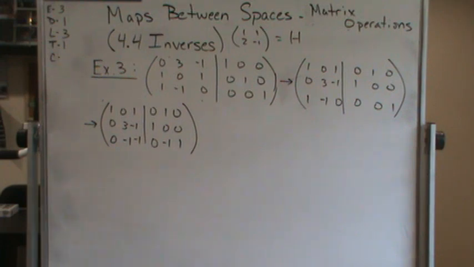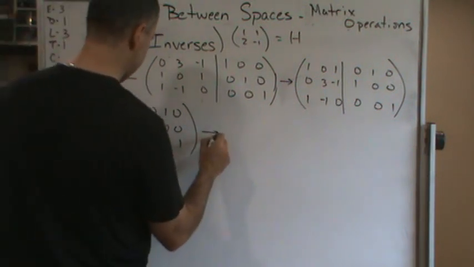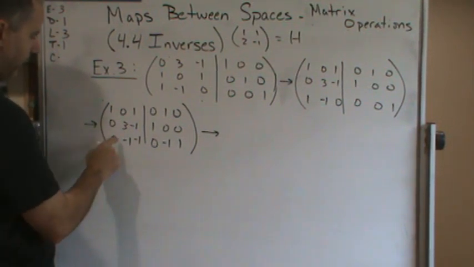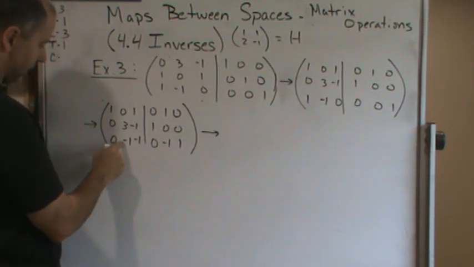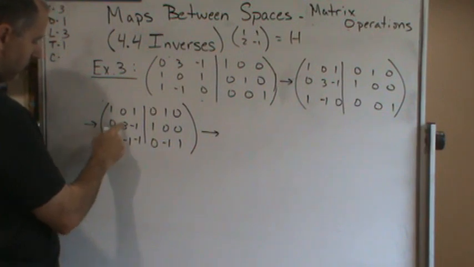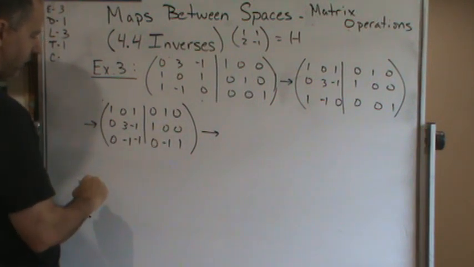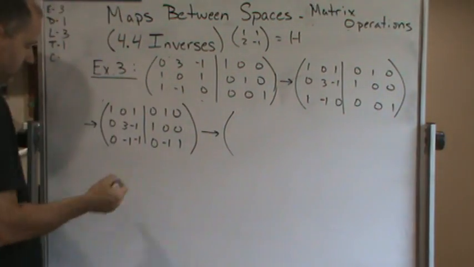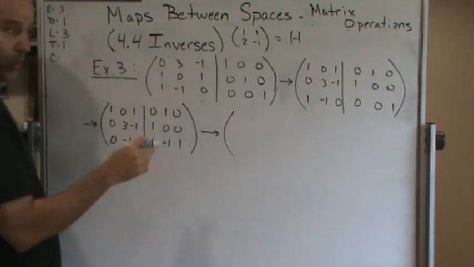Now I'm just going to keep going. Here, I can swap these two rows to put a 1 here. I want to get a 1 here. I can multiply this by 1/3, but let's just swap these. It doesn't really matter. Either way would be fine.